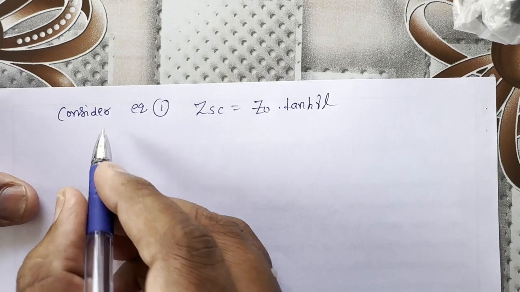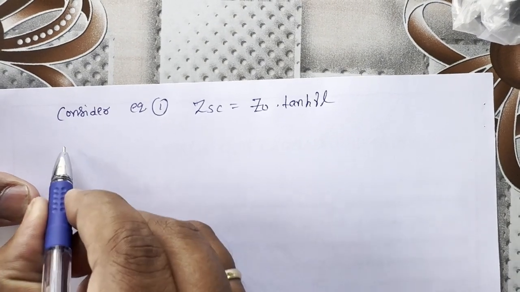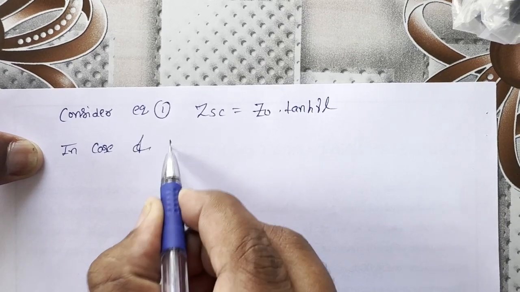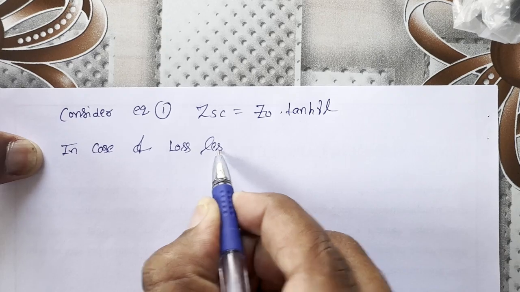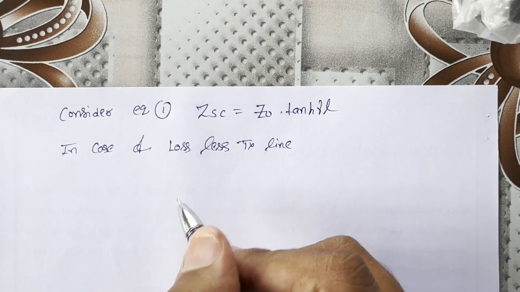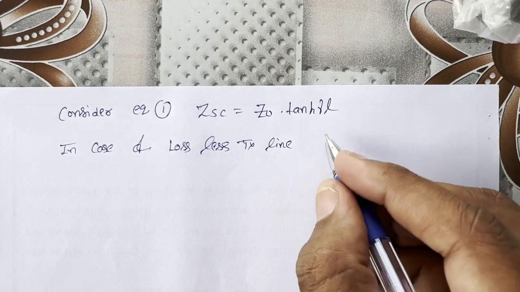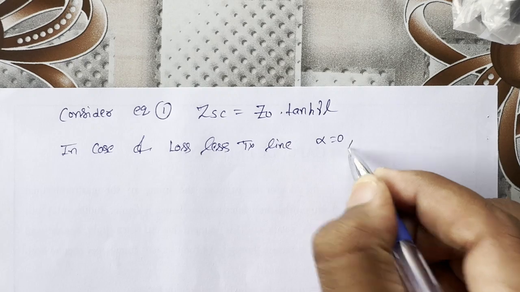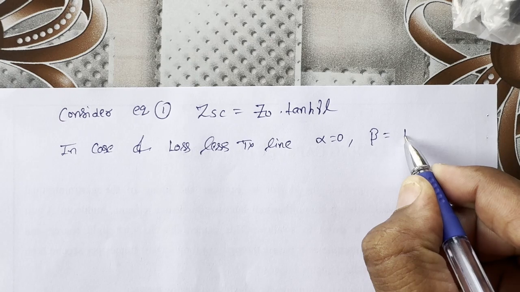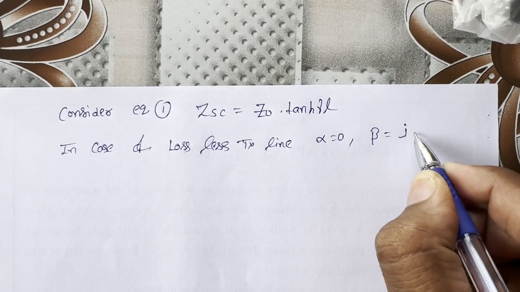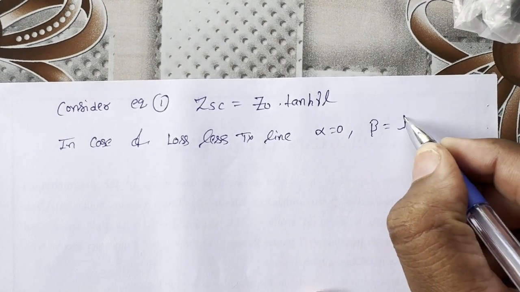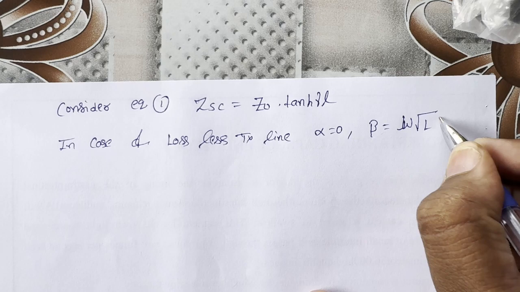Now in case of a lossless transmission line, we have already derived alpha equal to 0 and beta equal to omega root LC.